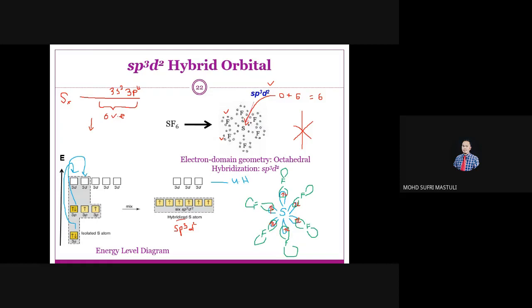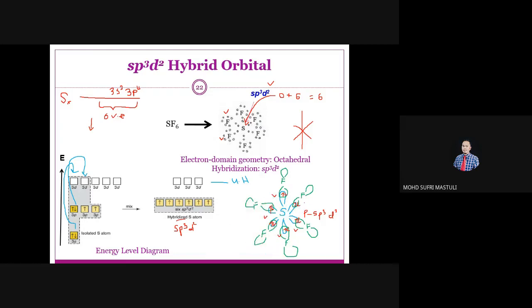So according to valence bond theory, this one should be P with sp3d2, same to here, same to here, same to here. Okay, it looks like this, some are the same.